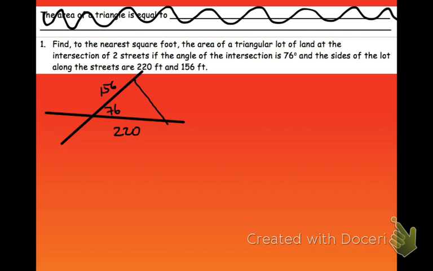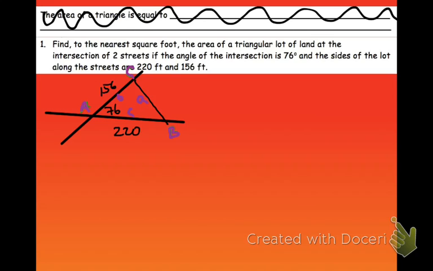Now you can label these whatever you want. So I'm just going to pick A, B, and C, and I'm going to go ahead and assume you can't see that, so let's change it to A, B, and C, and then I'll fill in my lower cases. Lowercase c, lowercase b, lowercase a.